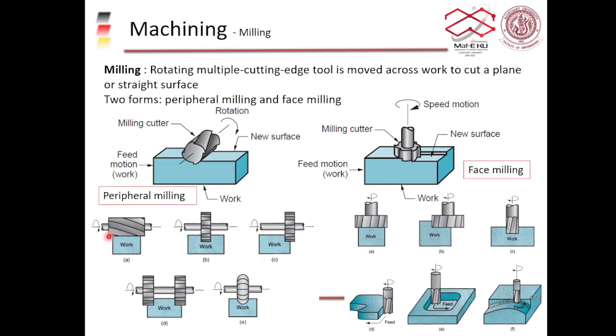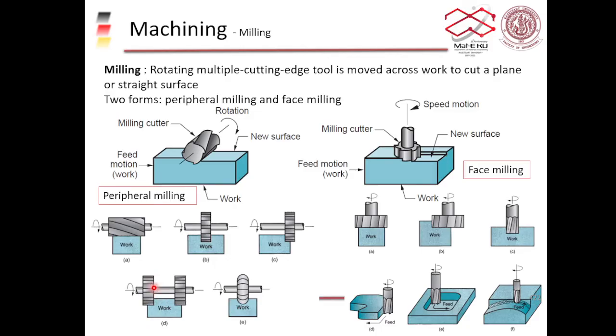Typical peripheral milling includes slab milling, like in this picture here. This is called slab milling, when you're milling the whole surface, right? You can have slotting or slot milling, when you're milling a slot on the surface. You can do side milling. When you are milling on the side, it's still considered peripheral milling because you are milling around the face of the workpiece.